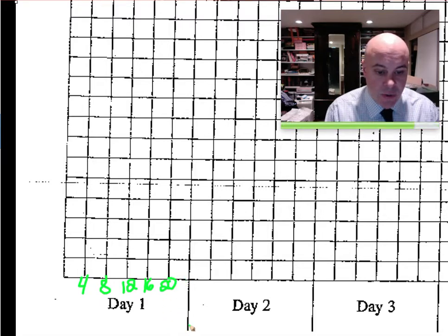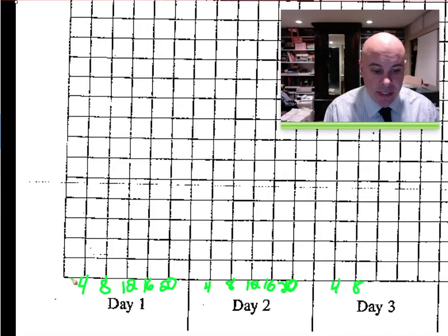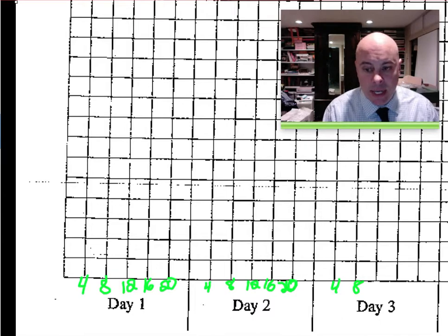This line would represent 24, and then it's going to start over again. 4, 8, 12, 16, 20. And then it starts over again. 4, 8, so on. So this is representing the 24-hour day for day 1, the 24-hour day for day 2, and so on. And then we said our smallest tide was 0.2 feet, and our highest tide was 4.1 feet.